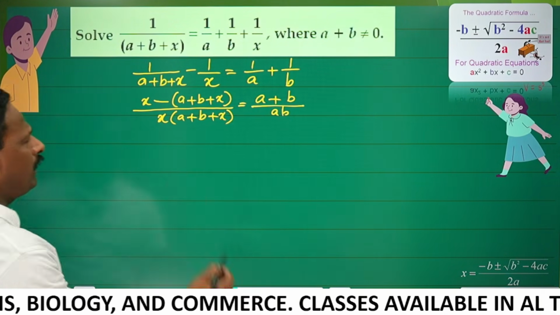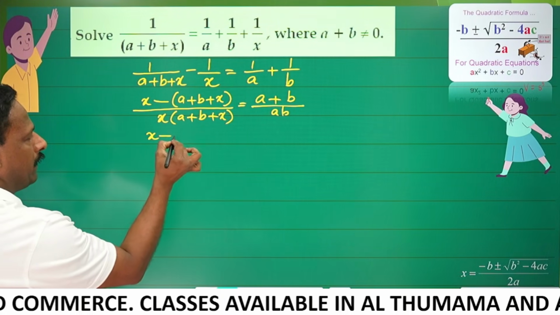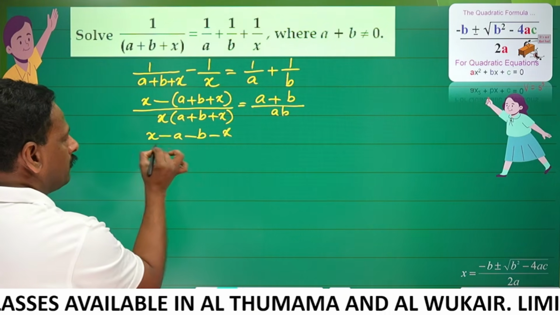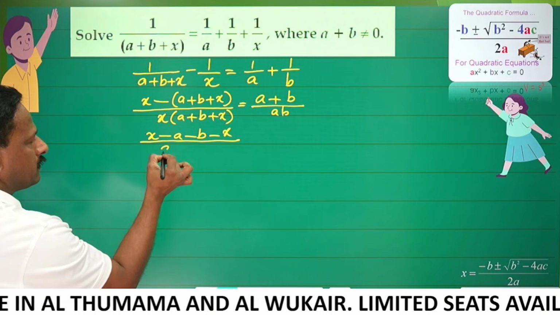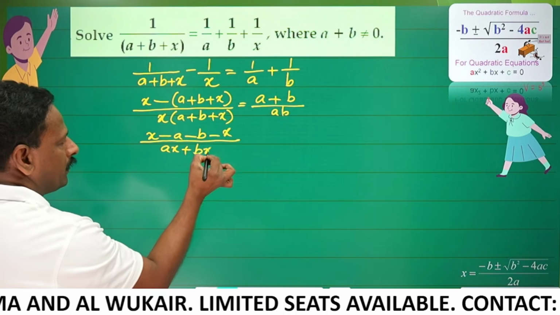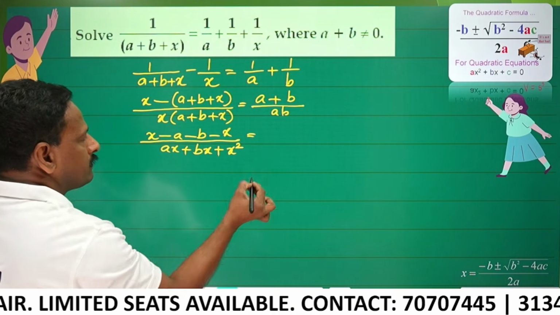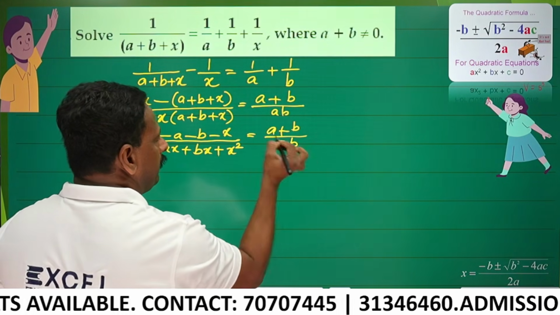Now if you open the bracket, what you get is x minus a minus b minus x by, here if we open the bracket, ax plus bx plus x square equals a plus b by ab.